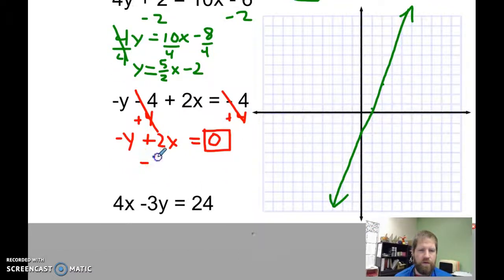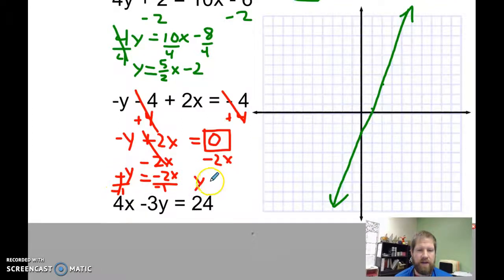Move our 2x over, minus 2x, negative y, those cancel, equals negative 2x, and here I am dividing by negative 1. Divide by negative 1, and I'm left with y, my negatives cancel, y equals 2x. And I could have a plus 0, or I could leave it off.